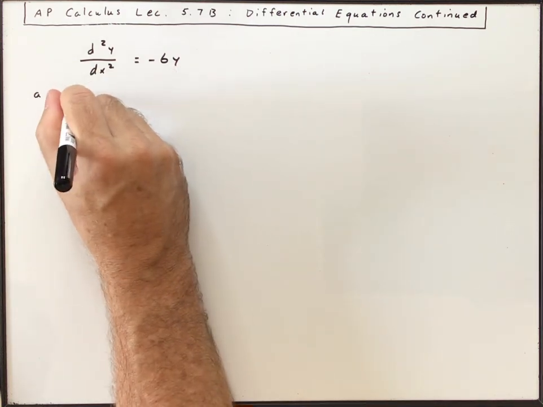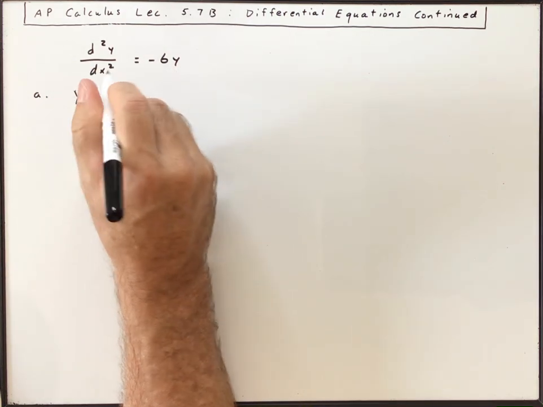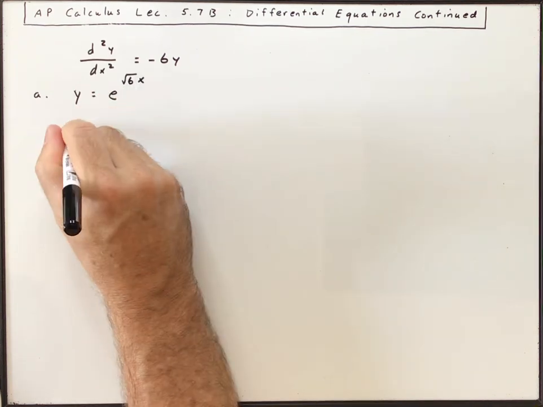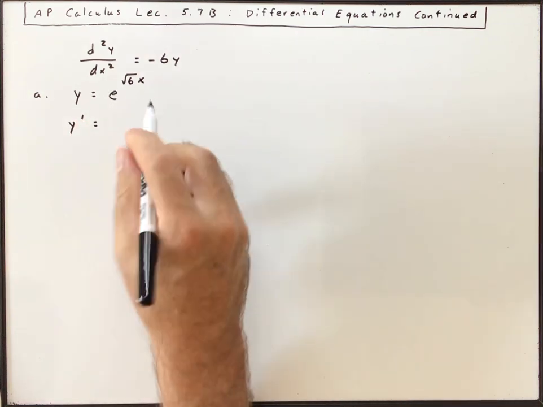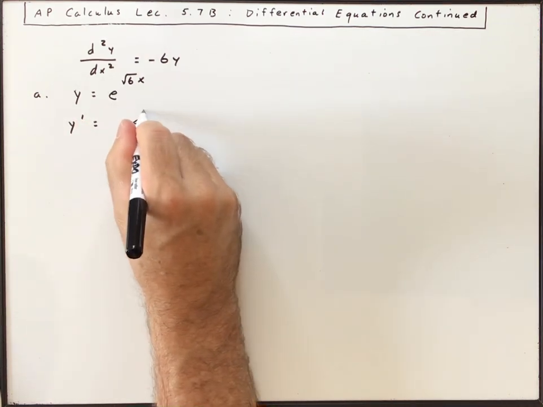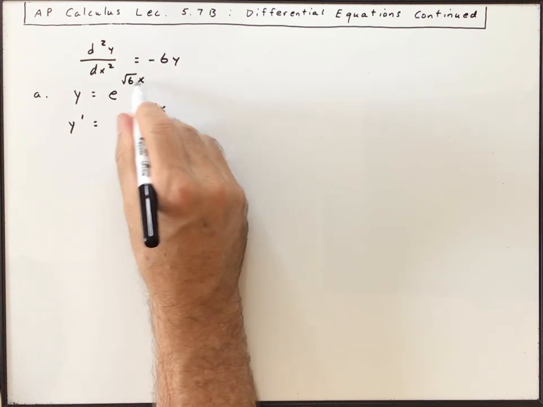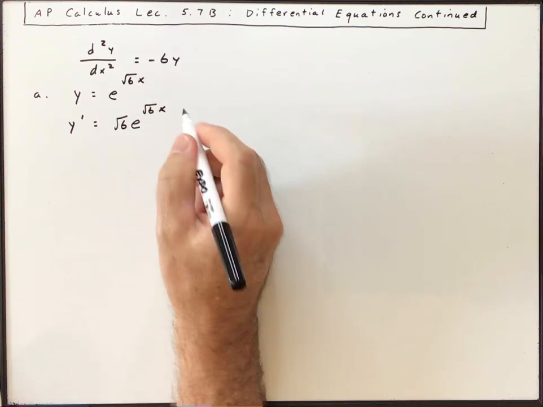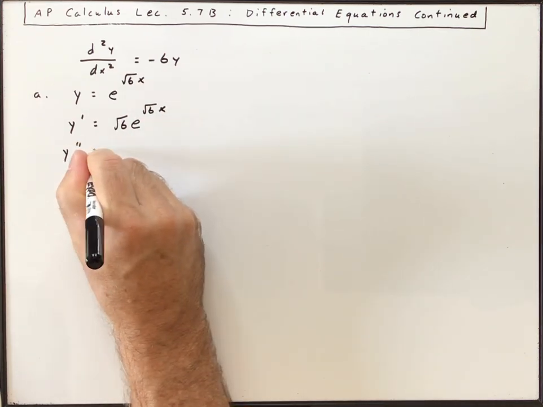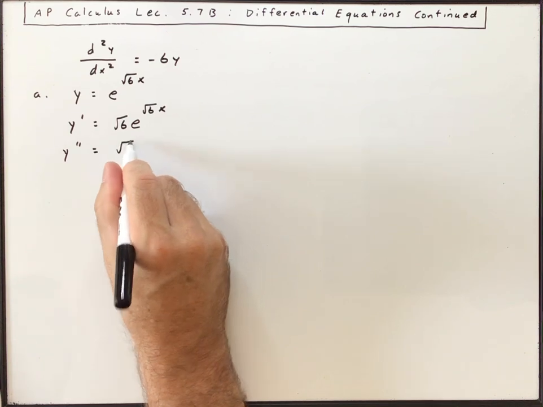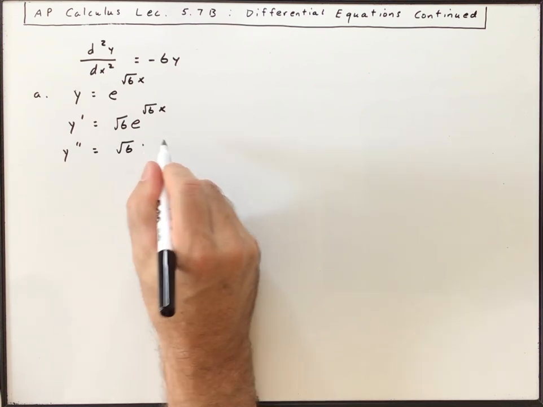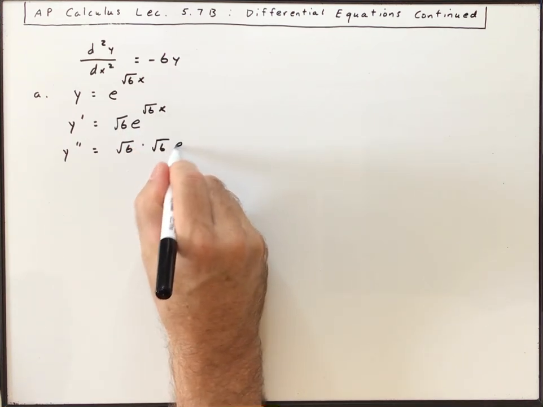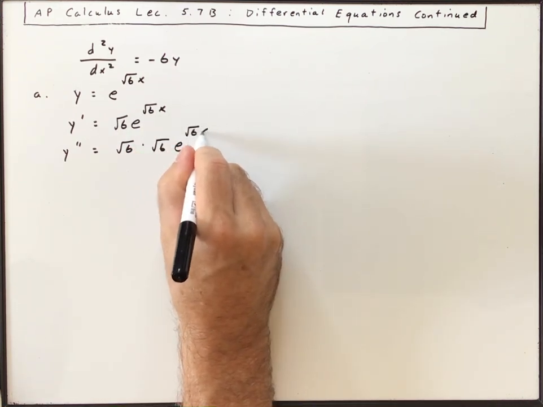So our first one, we have y equals e to the root 6x power. So our first derivative, y prime, would be e to the root 6x times the derivative of the exponent, which we call the blob. So that's root 6 e to the root 6x. And then y double prime would be root 6 times root 6. So we have our root 6 out front, and then root 6 e to the root 6x.